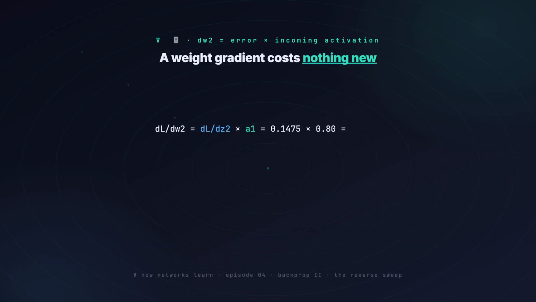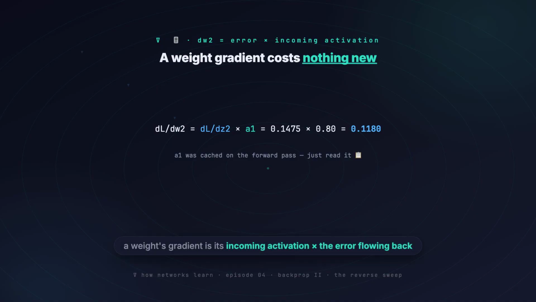Now watch the weight gradient appear, and notice it costs you nothing new. dL/dw2 is dL/dz2 times dz2/dw2, and dz2/dw2 is just a1, the activation you already cached on the way forward. You don't recompute a1, you read it. So dL/dw2 is 0.1475 times 0.80, which is about 0.12. A weight's gradient is simply its incoming activation times the error flowing back into it.